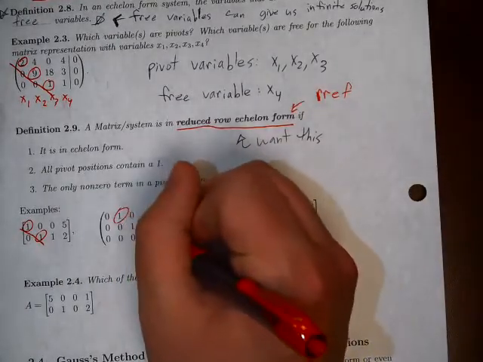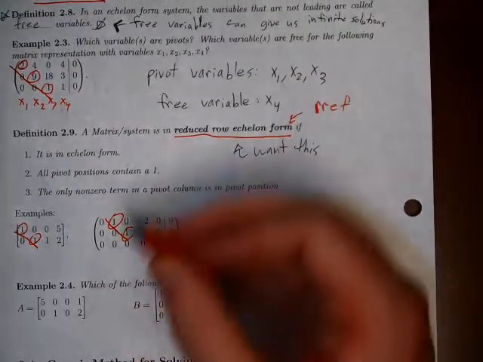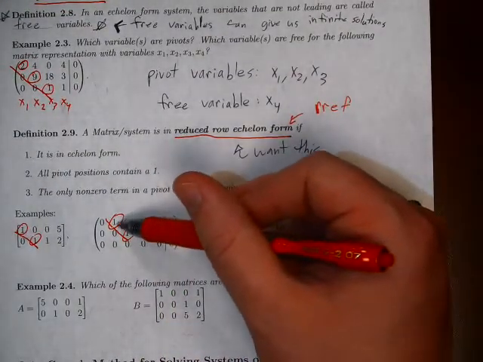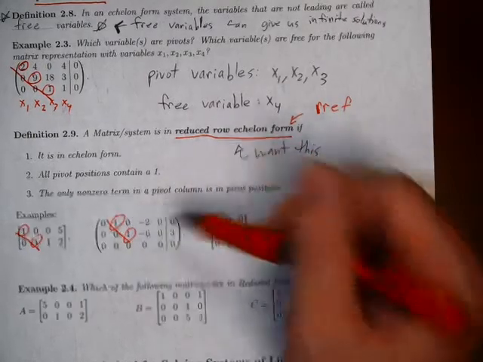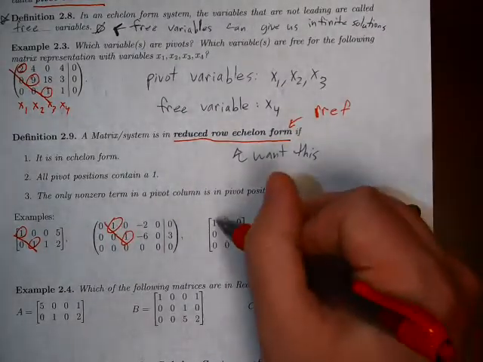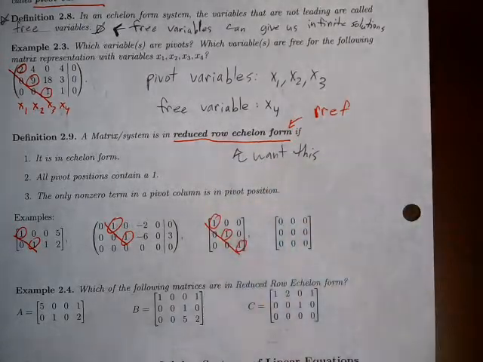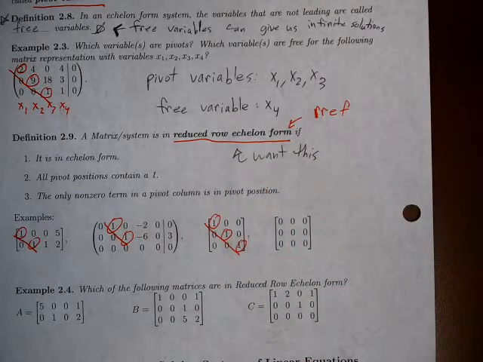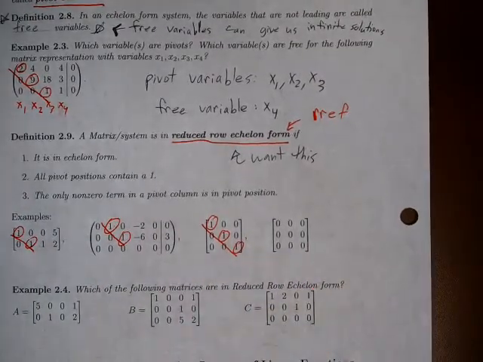Here we again have leading 1s, and then a row of all zeros, and we look up and down the columns, the only non-zero terms are the 1s, 0, 0, 0, 0. Here again, we've got these leading terms, they're all 1s, and they're zeros. So this last one actually is also in reduced row echelon form.